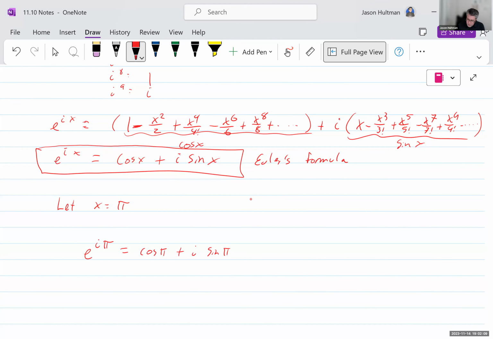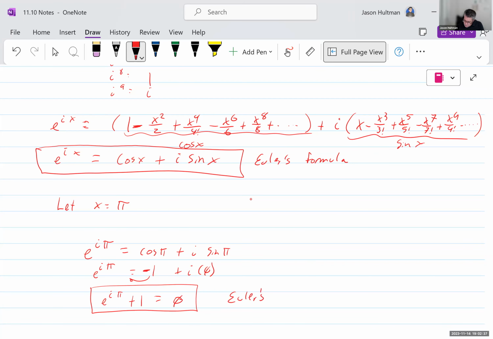Well, the cosine of pi is -1, and the sine of pi is 0, so this is plus i times 0. So this is e to the i pi equals -1. If I bring the 1 over, I get e to the i pi plus 1 is equal to 0. And this is called Euler's identity.